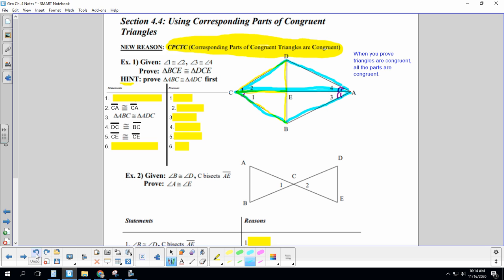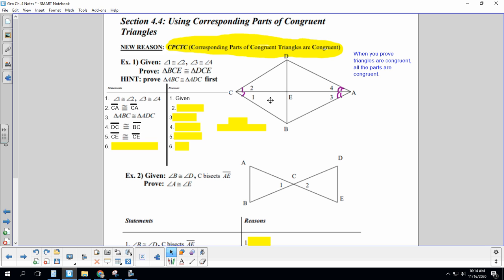So the first thing we put in our statements is what we're given. So angle 1 congruent to angle 2 and angle 3 congruent to angle 4. That information was given. The hero of this proof is going to be the reflexive property. So the next piece we want is CA congruent to CA.